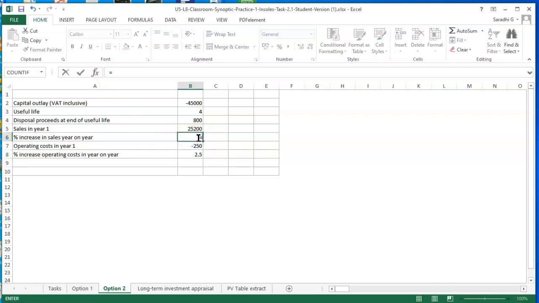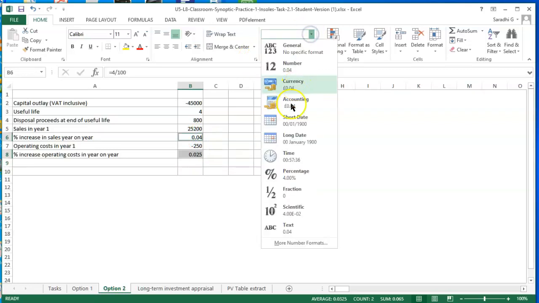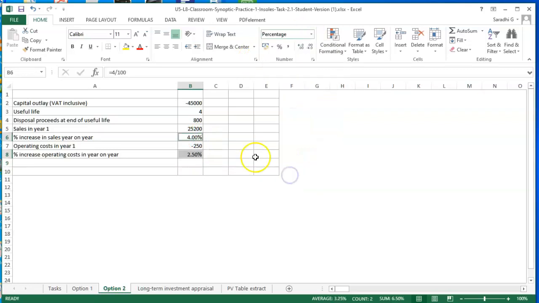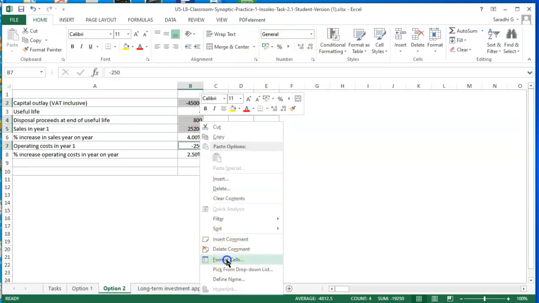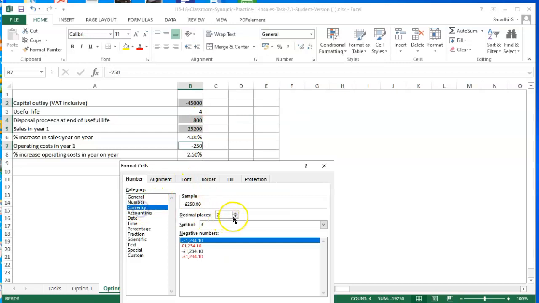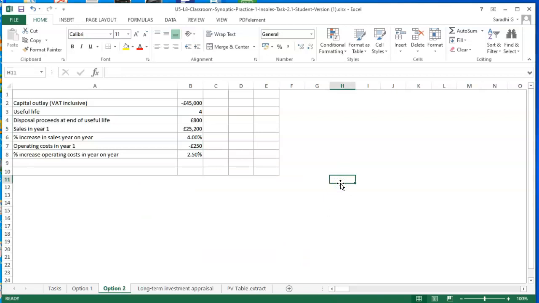Increase on the sales percentage, so 4 divided by 100, increase in the cost 2.5%, so 2.5 divided by 100, and convert these two into percentages, and convert all the costs into currency. So currency and no decimal places. Okay, so everything has been done.